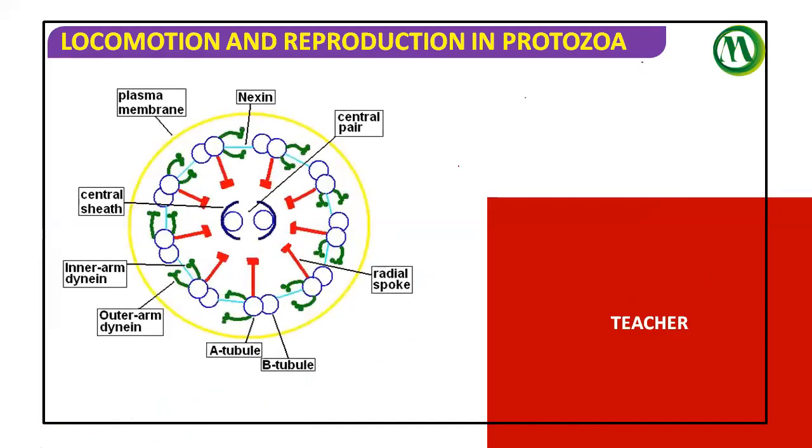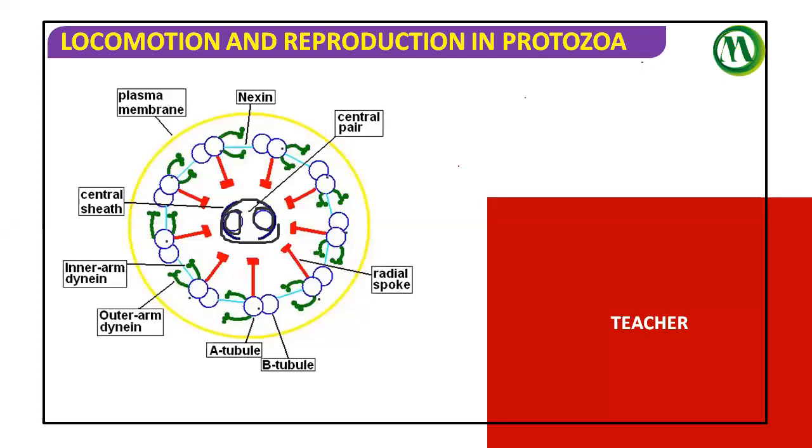That is the total story of them. You can see that clearly in this diagram. There is a central pair, which includes the two central singlets, and 9 peripheral microtubular doublets. I request you to take a screenshot of this diagram.